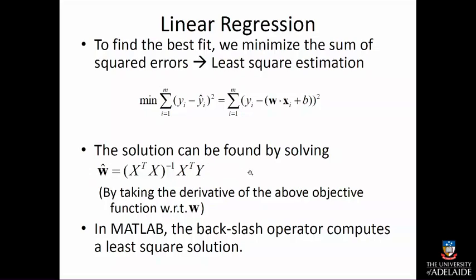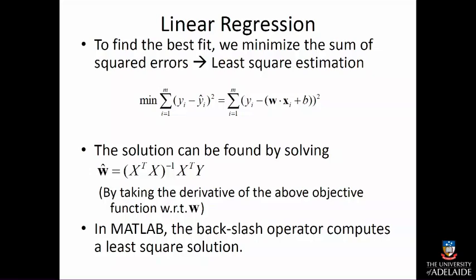Okay? Yes? When do you get a factor of b? When you take the partial f, partial w, the b just doesn't have any impact, right? It's just 0. But if you wanted to find the b, then you take partial f, partial b, and you need to set that to be 0 as well.